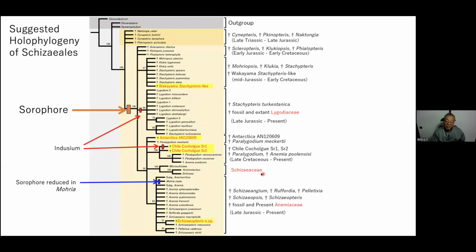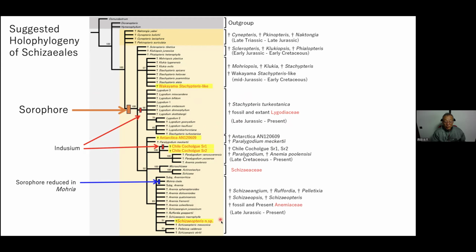And there's no good fossil material that can be compared with the Schizaeaceae. And the Lygodium are here. And the many new materials are located in, in my word, good position in this phylogenetic tree.